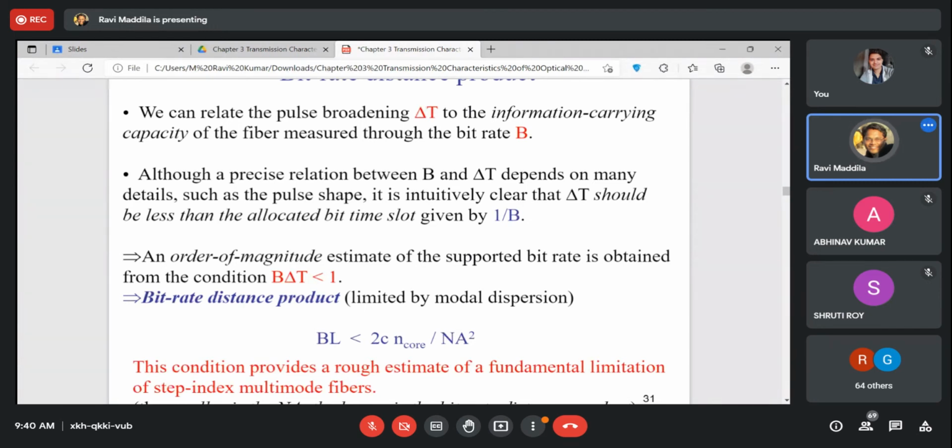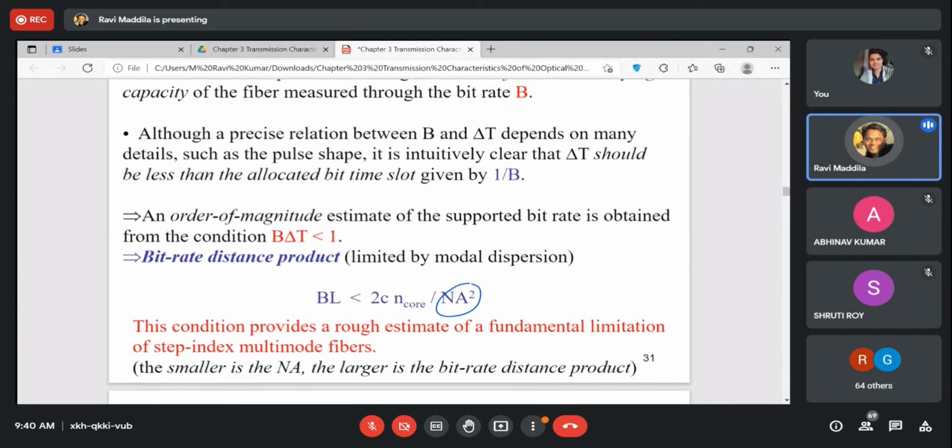The bitrate distance product can of course be given by BL, and that should be less than twice C. N core is the refractive index of the core, and we have already discussed what is NA, the numerical aperture of a fiber.